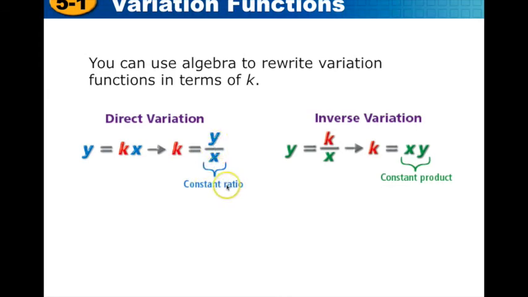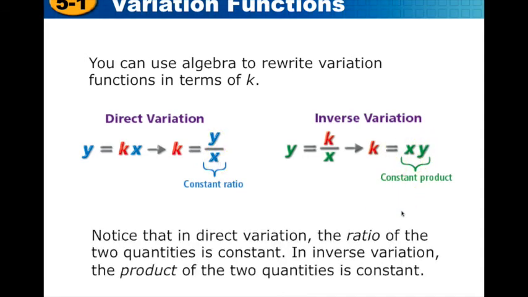It's a constant ratio. Compare that to inverse variation. In inverse variation, we have y equals k divided by x for our form of our equation. However, when we solve for k, we end up multiplying the two things together. We had x times y as a constant product. So direct is a constant ratio, dividing. Inverse, a constant product, multiplying.